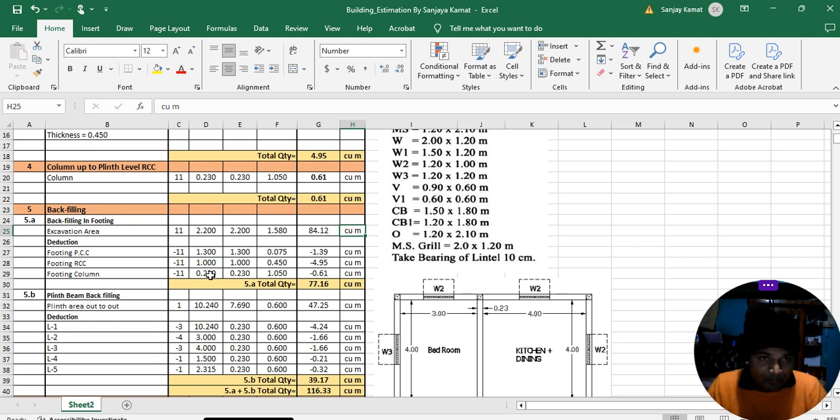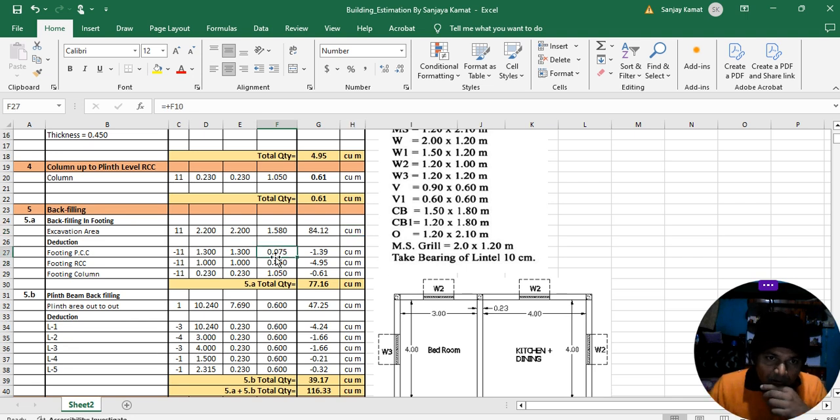Then from the 2.200 meter we reduce the length to 1.300 meter, and similarly the breadth is 1.300 meter.